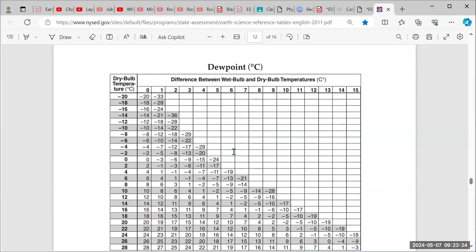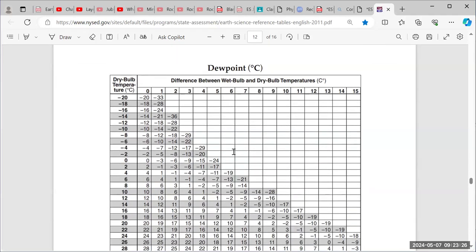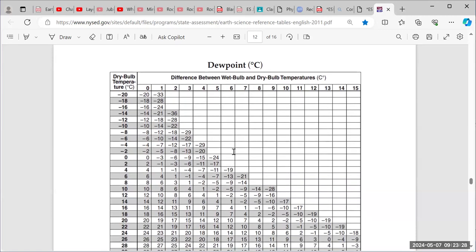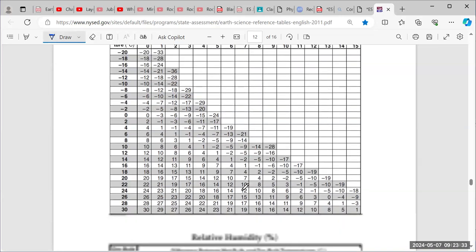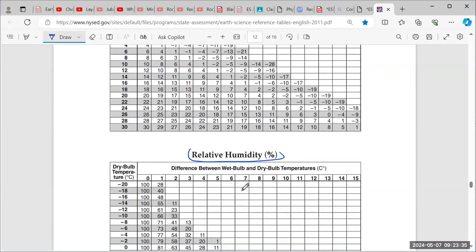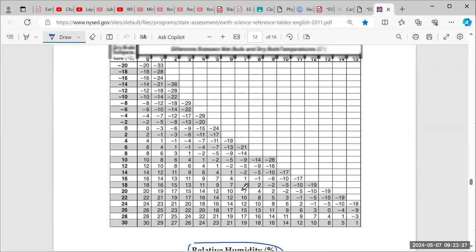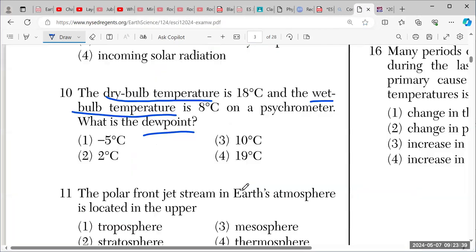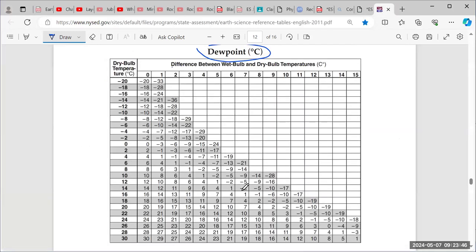And on page 12, we see the chart about dew point. We see dew point in degrees Celsius, and we also see relative humidity. What's interesting about this chart is those terms that I highlighted: dry bulb temperature and wet bulb temperature. I also see these right here.